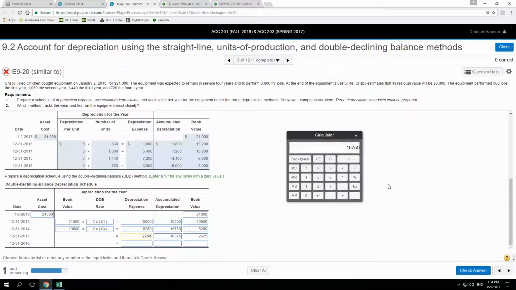So we add that, and that brings you right to 3,000. And you wouldn't have any depreciation in the 4th year. So you could say 0 here, and your accumulated depreciation would stay the same, and your book value would stay the same.